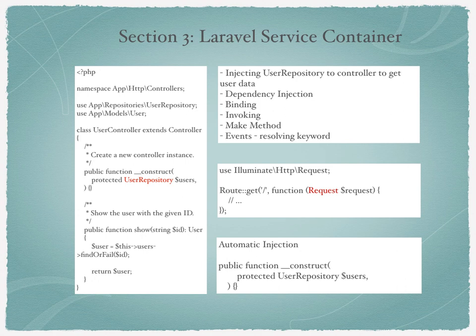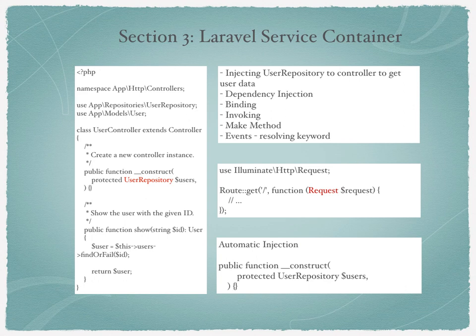The service container also works like binding and invoking. If we want to create a new service, then we have to bind that service as well. Without invoking that service, it will not be used in our next functions. So binding and invoking are also required.